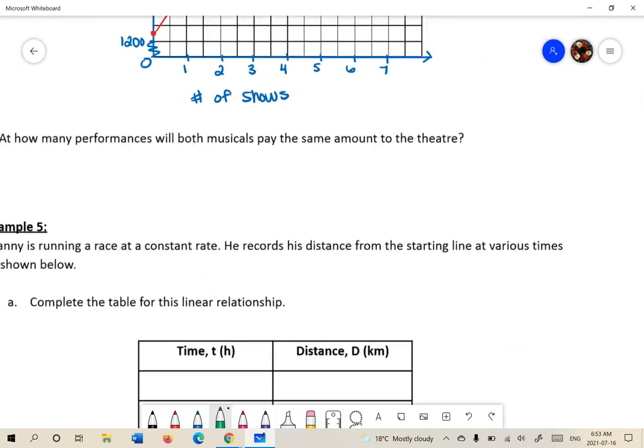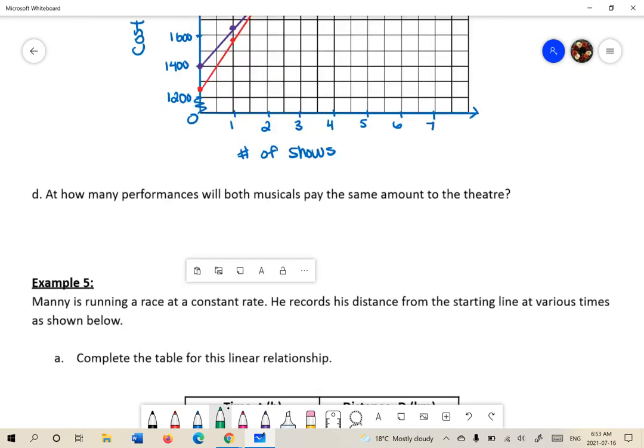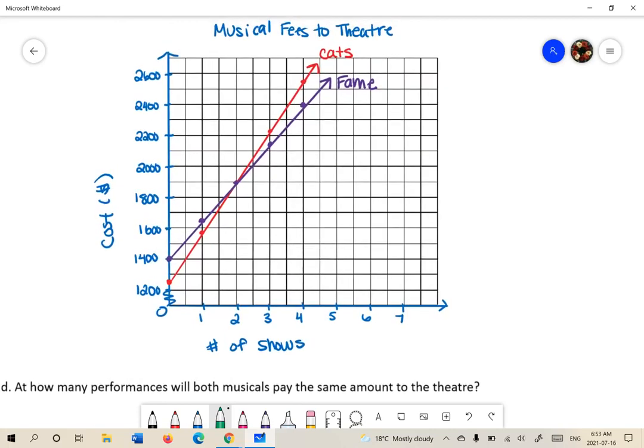At how many performances will both musicals pay the same amount to the theater? Well, we can reference our graph and we can also read it on our table of values. Remember from last lesson that the point of intersection provides us with this information.